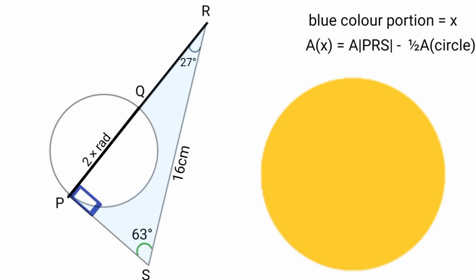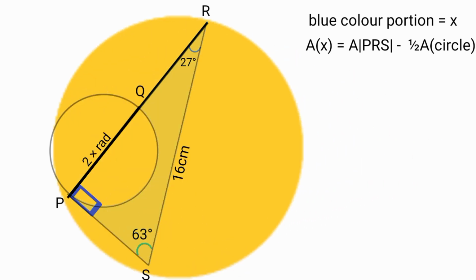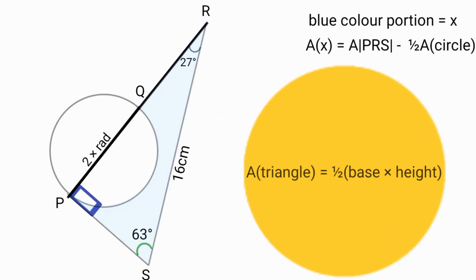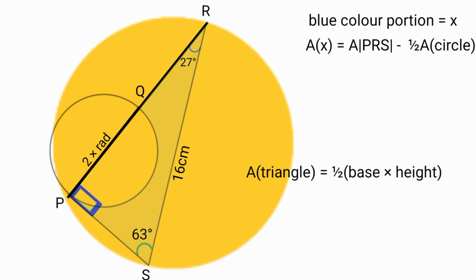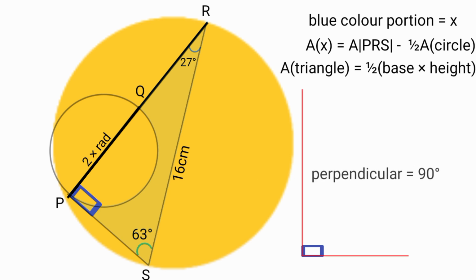So what is the area of triangle PRS? The general formula for the area of a triangle is half base times height. So what are the base and the height of triangle PRS? Since triangle PRS is a right angle triangle, any of the two sides that are perpendicular to each other can be taken as either the base or the height.